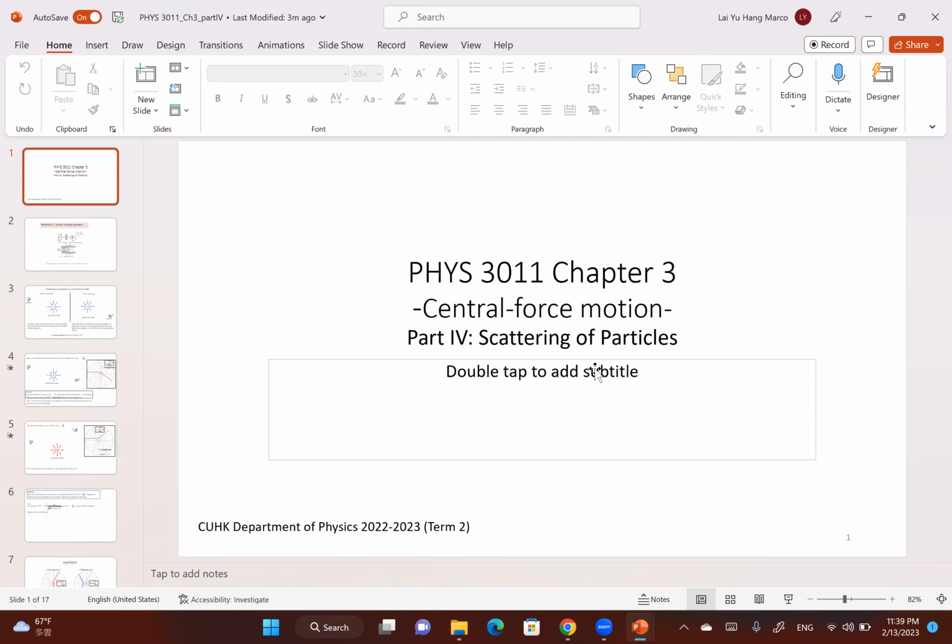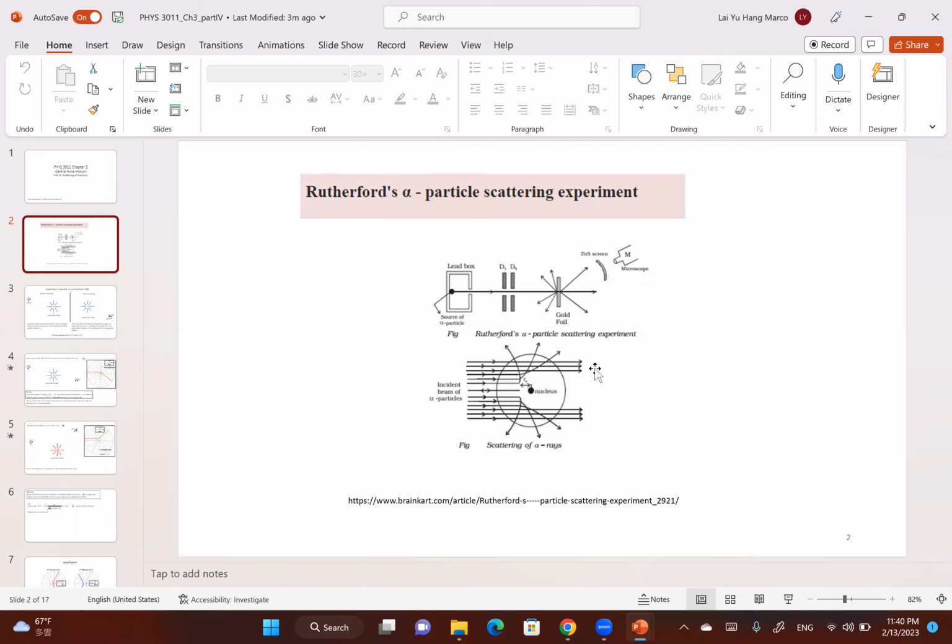So scattering. One famous example that you might have at least heard about is the Rutherford particle scattering experiment. I won't go into the details of this experiment itself, but essentially the physics of this experiment is about scattering.